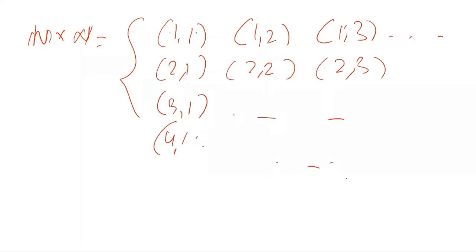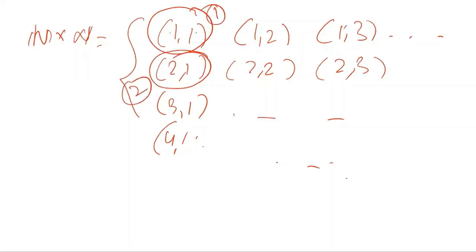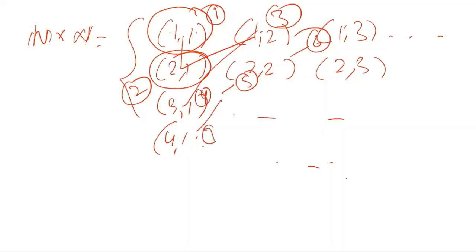The way I start numbering this is I'll call this 1, then this will be 2, and then this will be 3. Then again come back, this will be 4, 5, 6, then 7, 8, 9 and 10.